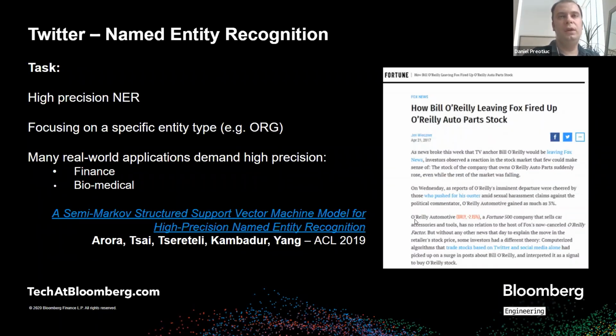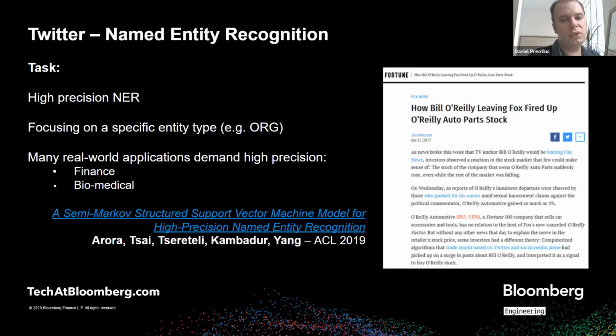In terms of Twitter, I'm going to emphasize some things that we have been working on for a while. First is named entity recognition. These are one-slide summaries of papers that members of the team wrote.